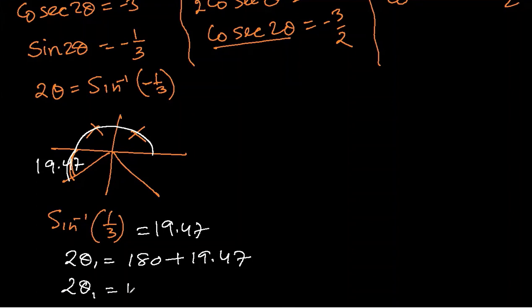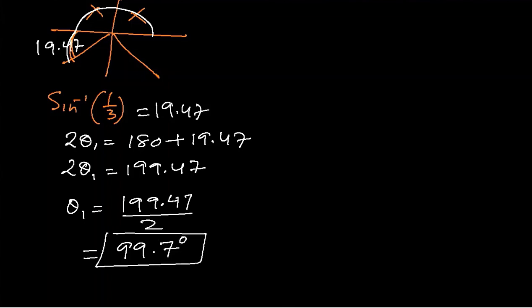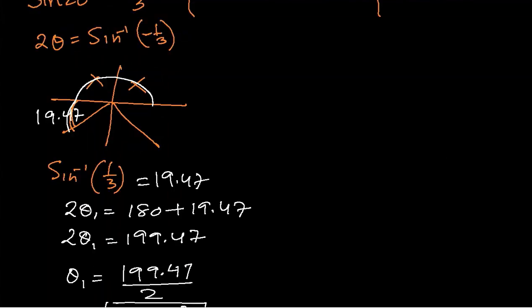So 2 theta 1 is 199.47. To find theta 1, the first answer, 199.47 divided by 2, which is 99.735. So let's stop here, 99.7 degrees. This is the first answer.